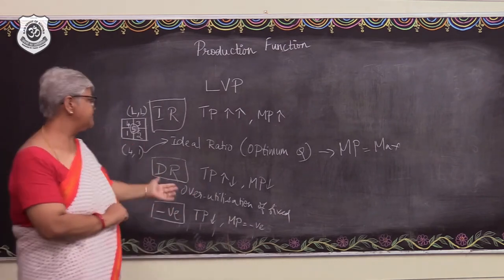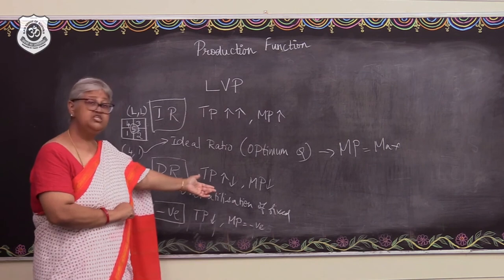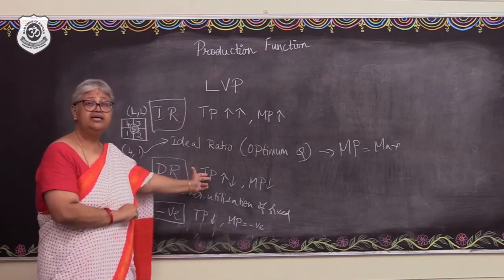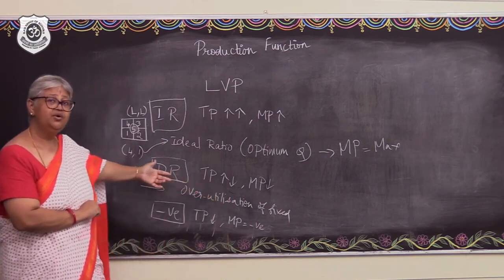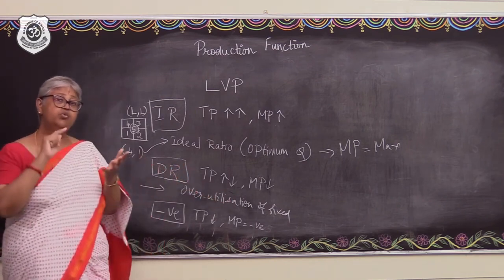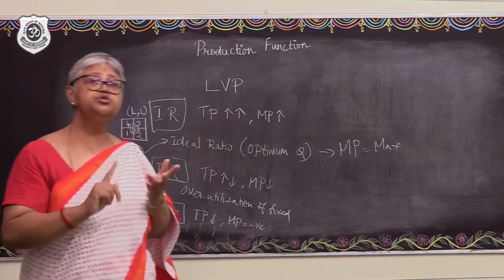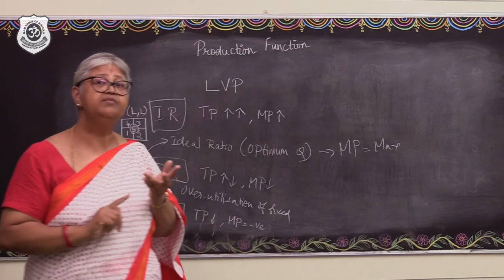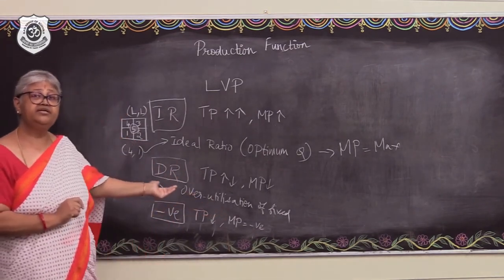That is what has resulted in a decreasing marginal product, and the total product will increase only at a decreasing rate. Alright. So, what did I say? Poor coordination between the inputs and the output, poor substitution of the variable input and the fixed input, and overutilization of the fixed factor.